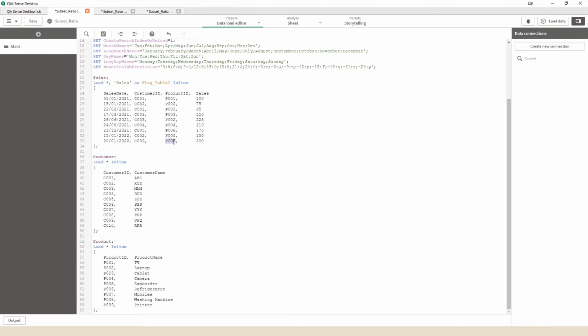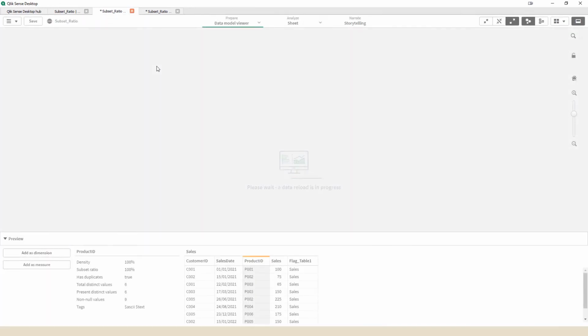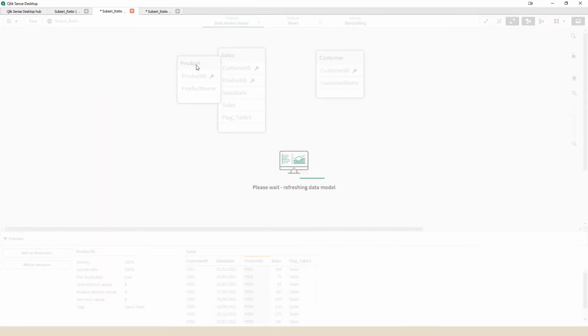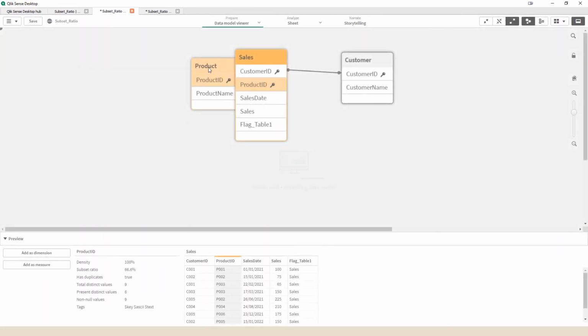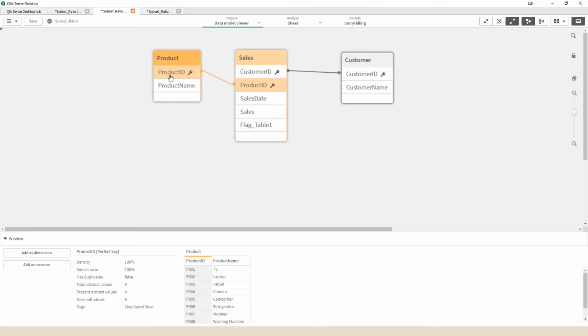So the subset ratio is 6 divided by how many total are there? 9. So the subset ratio for product ID in the sales table is 6 divided by 9, that is 66.6%. But in the product table, we have all products present, so it is 100%.